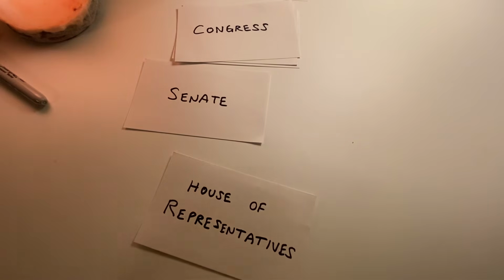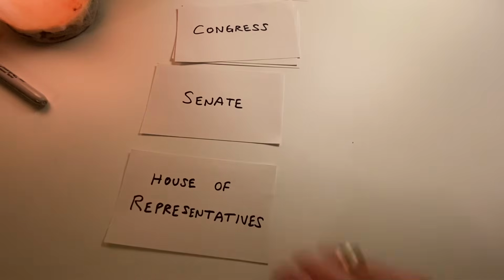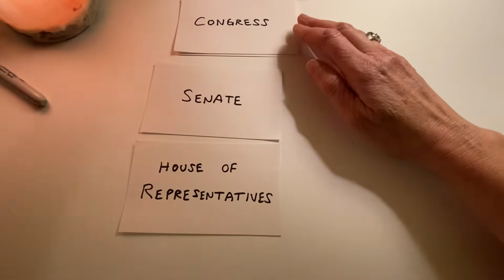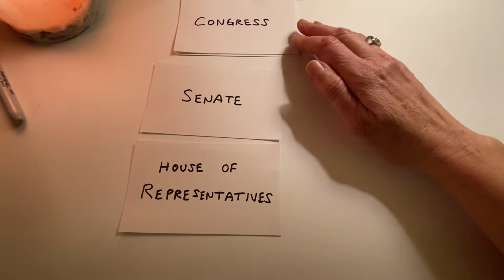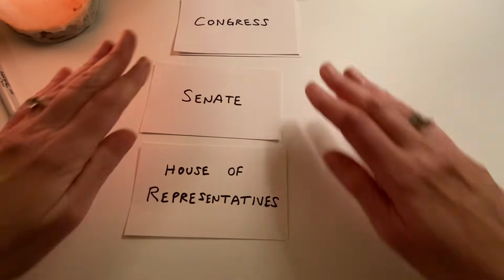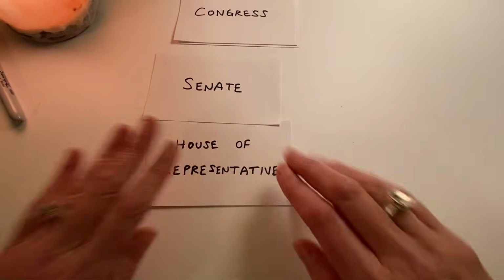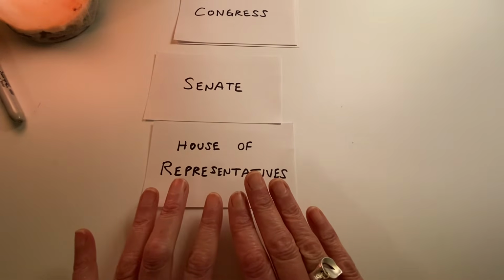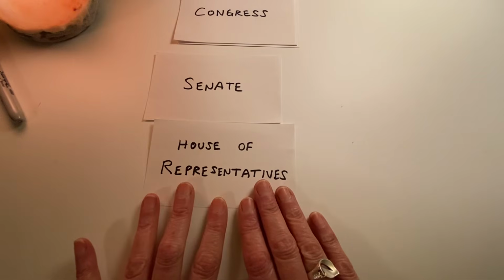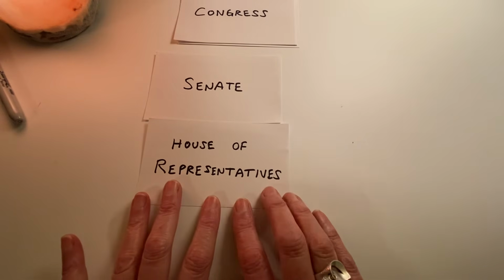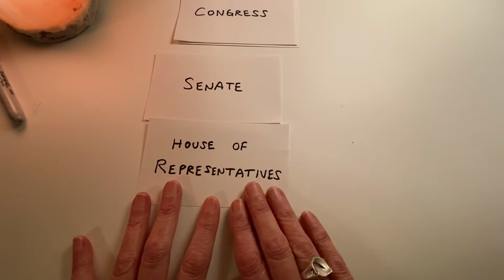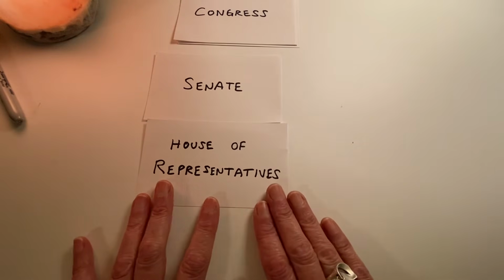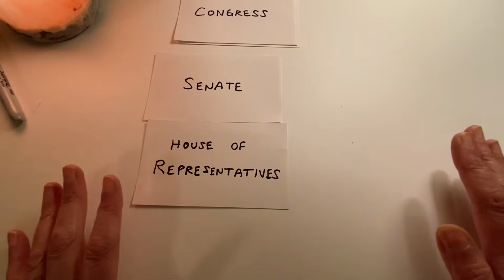The House of Representatives is a little different in that the House seats are apportioned by population. Currently, there are 435 representatives in the House. That is the maximum right now, although there is debate over whether to change that number, because the population is now a lot larger.